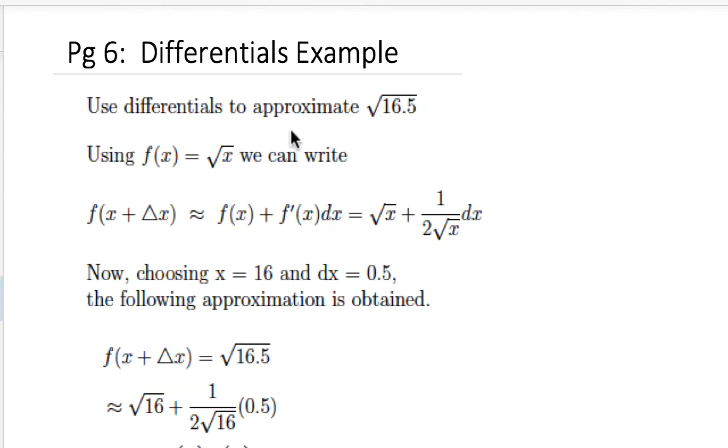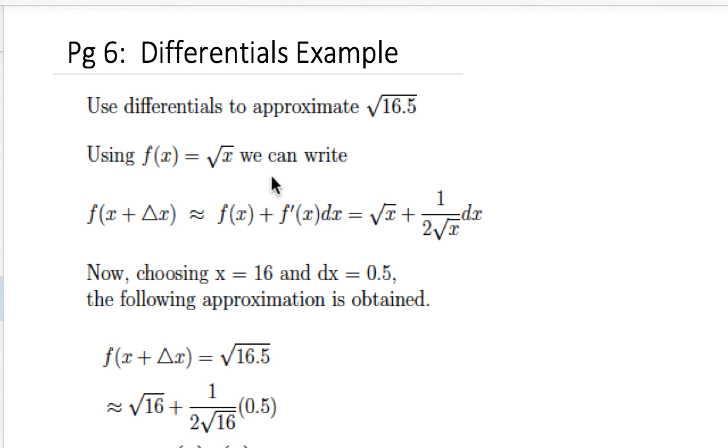We're going to approximate the value for the square root of 16.5 using the formula we just looked at. Here, the function f(x) is square root of x. Remember this delta x is a little small change. We are approximating by f(x) plus f prime of x dx. Let's replace f(x) by square root of x.